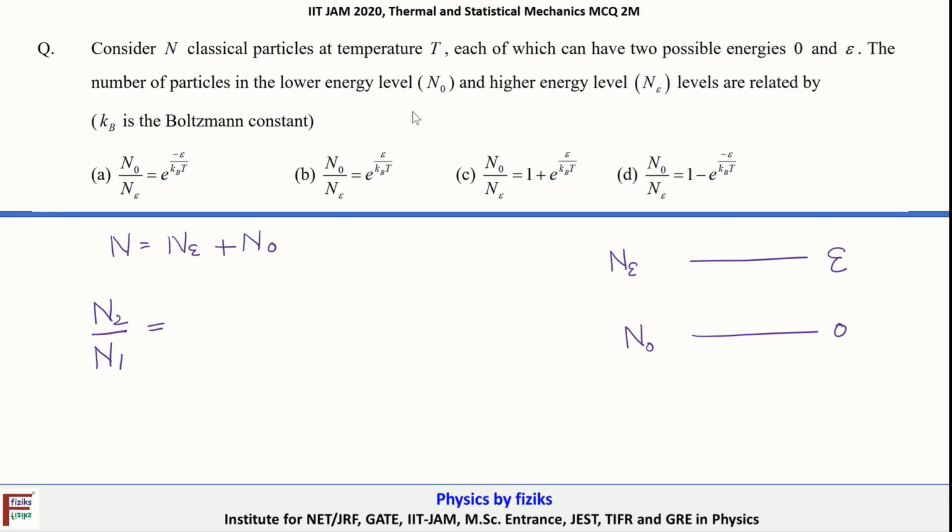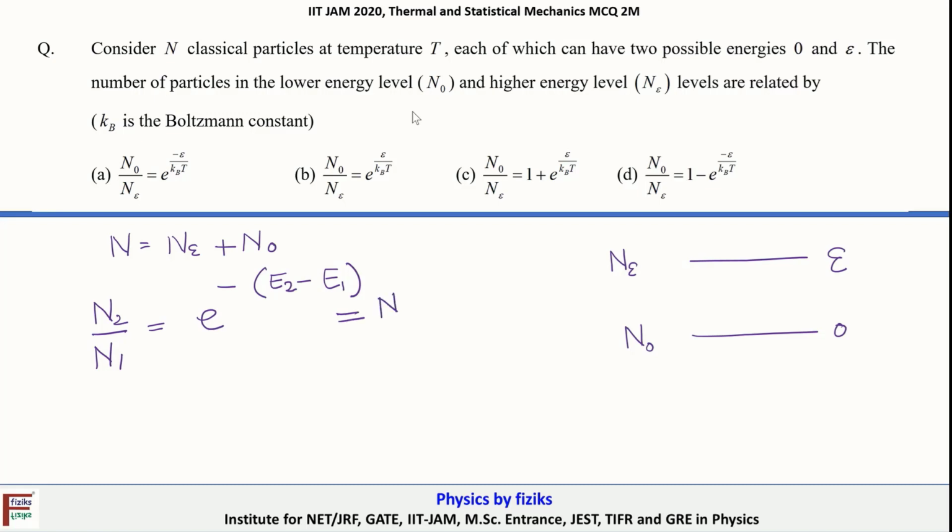That is equal to the exponential of minus the energy corresponding to the upper state minus the lower energy.